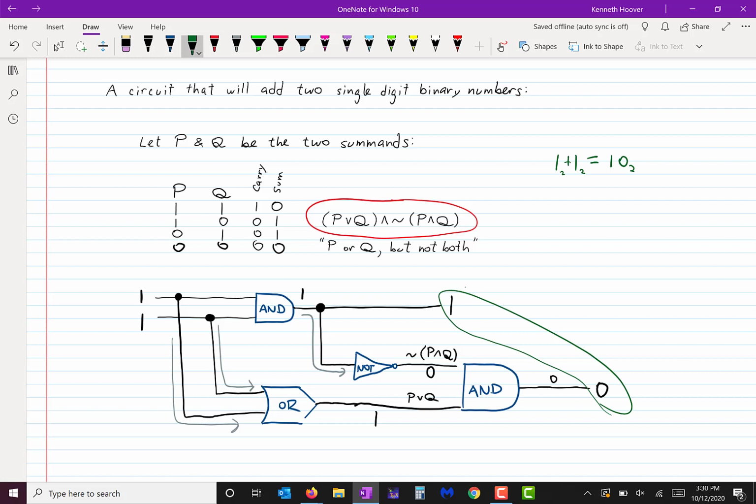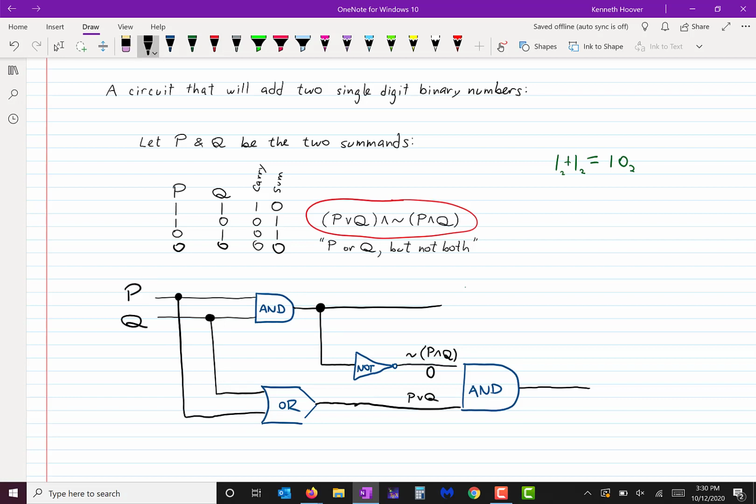You see how that works? Now, we're going to call this whole circuit by a name so that we don't have to recopy it every time. Let me erase these extra markings here. So P and Q are the numbers we added together, and what came out was the digit C, the book calls the carry, and the digit S that the book calls the sum.